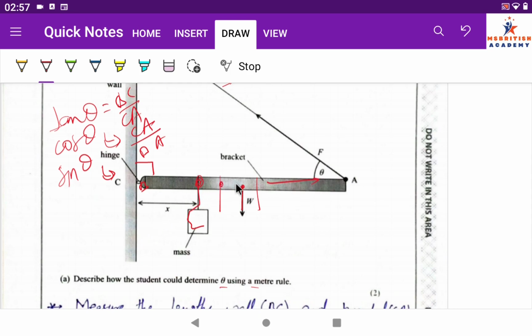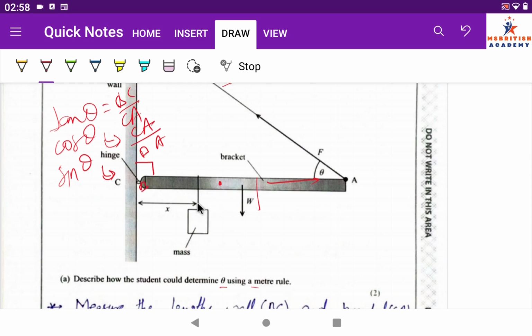When the mass was on the left side of the center of mass of the bracket, the combined center of mass was almost here, in between these two. So A feels lower weight than here, the left part.